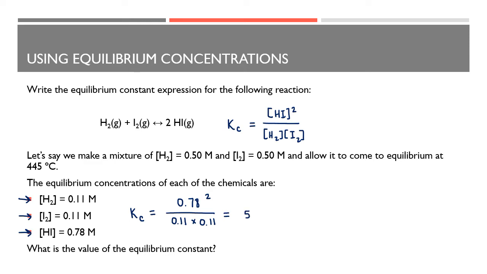So 0.78 squared is my concentration of hydrogen iodide, and that's over 0.11 times 0.11. So 50 is the value for our equilibrium constant.